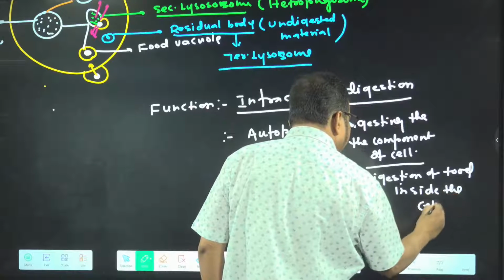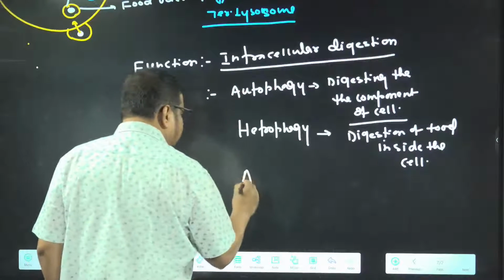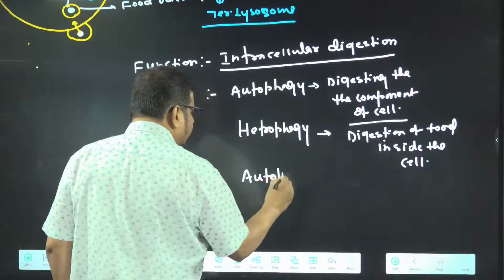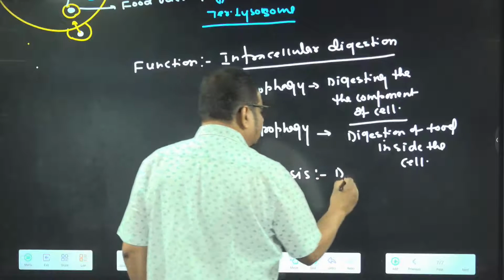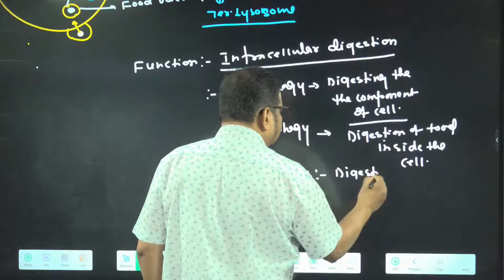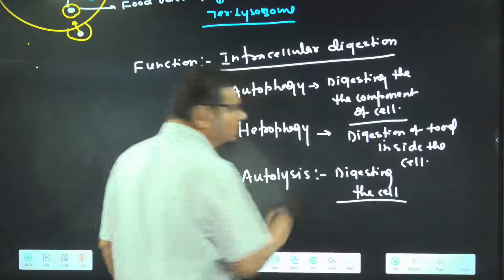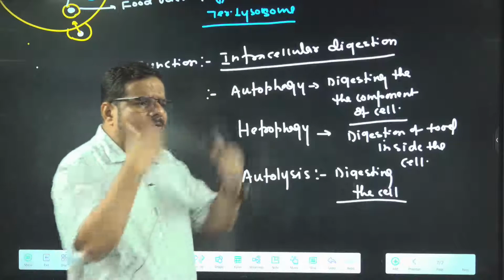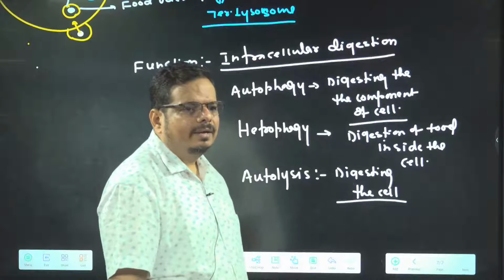It is called heterophagy. Another function is autolysis. It is digesting the cell. When prolonged starvation occurs, the lysosome bursts and the cell is going to digest. And that is the reason it is called the suicidal bag.